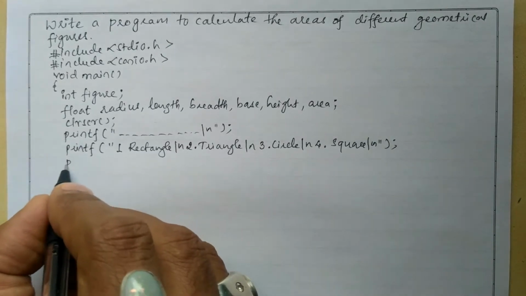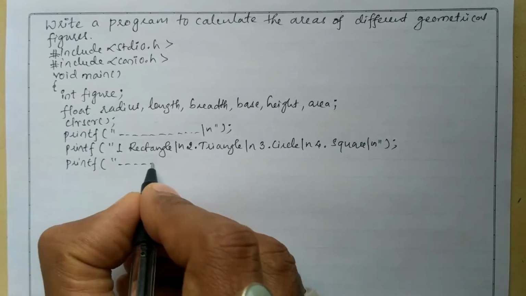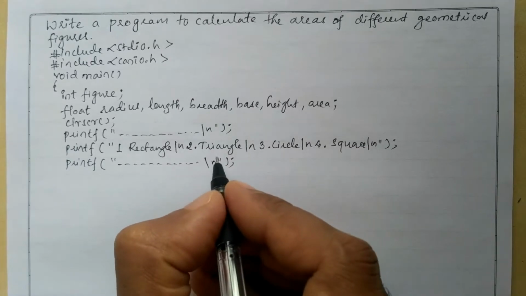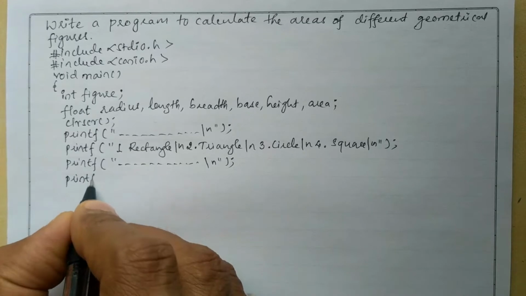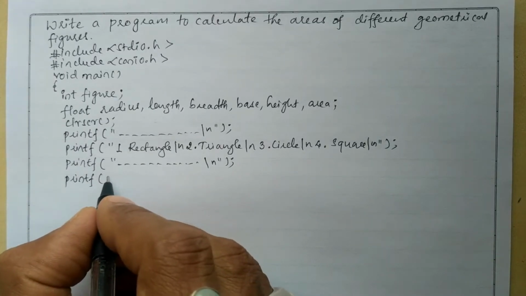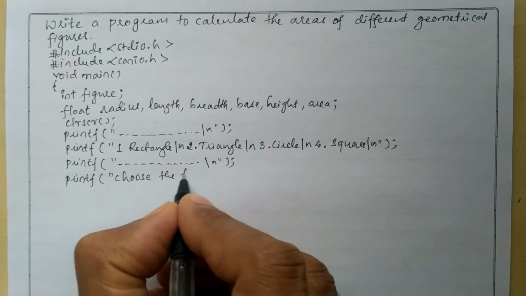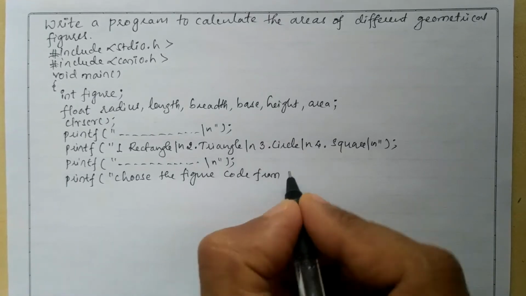Now let us write printf statement, and once again we are going to write dotted horizontal line in a double quotation mark, and now we are going to ask the user to choose the options from the menu using printf statement. Here in a double quotation mark I am going to write choose the figure code from menu.